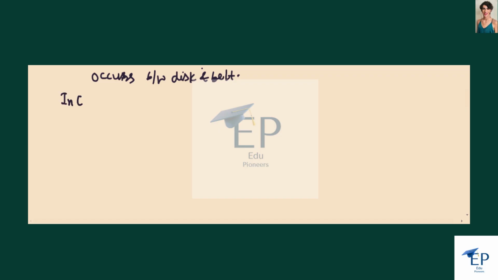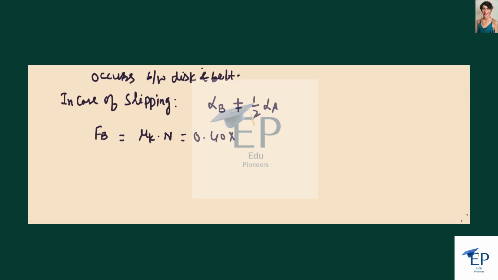In case of slipping, alpha B is not equal to half of alpha A. Friction on B will be mu k into N, that is 0.4 into 5, that is 2 pound.